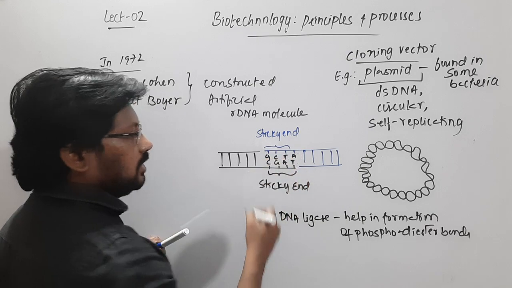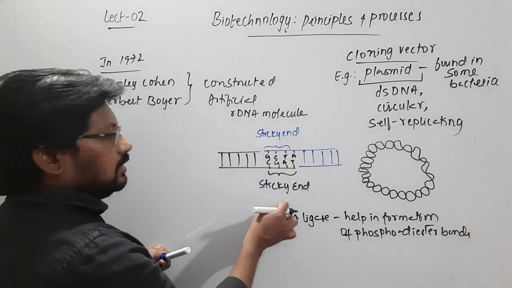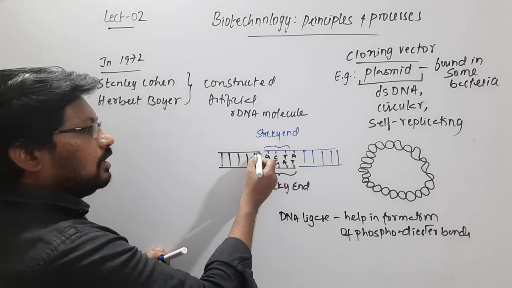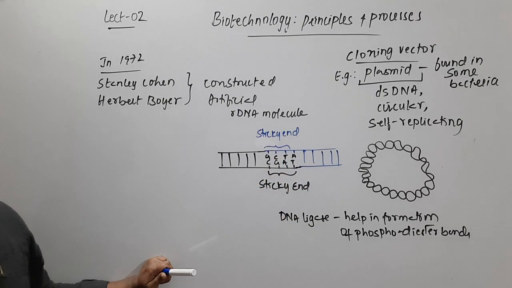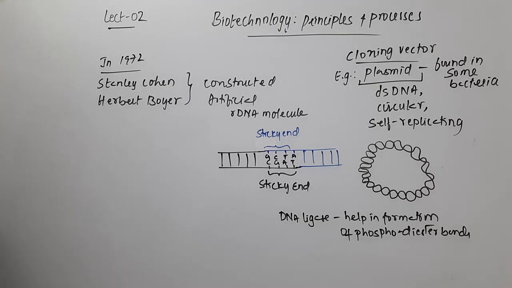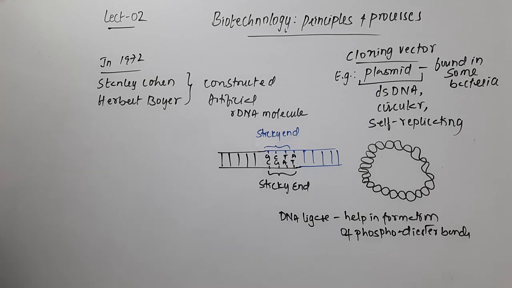You can see there is complementarity between these two sticky ends, so they can join. You can see the phosphodiester bond formation, and that can be done with the help of the enzyme called DNA ligase. So with all those tools, Stanley Cohen and Herbert Boyer first constructed an artificial recombinant DNA molecule.